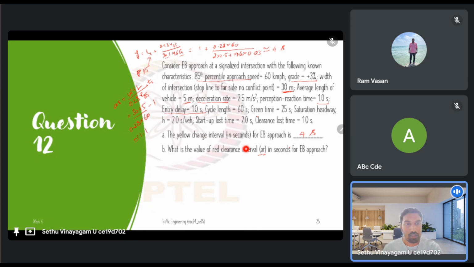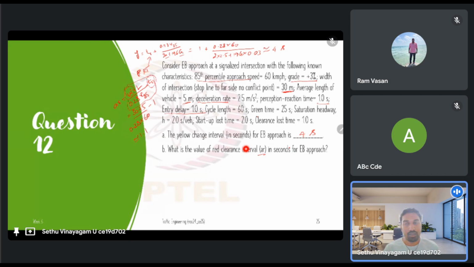So for all red, there is no hard range. It is based on these different factors, right? Depending on your W, L, V85, and TS, it's going to vary, so you cannot have a single value or range. It depends on your intersection configuration, your geometry, as well as your vehicle characteristics.